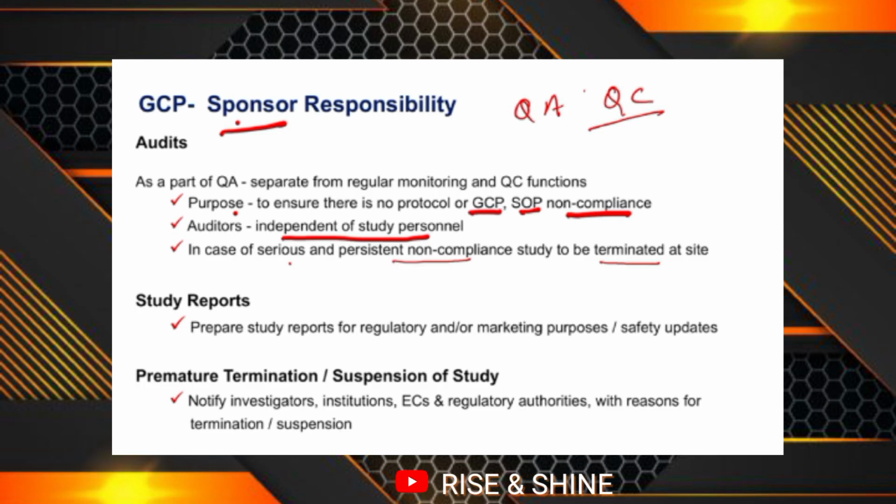There was one case of Pfizer long back, and they said that 50% of the participants in their study they withdrew because they had done an audit and found that the participating CRO was not compliant to GCP and SOP. How did they come to know? They came to know by the audit only. So then they took a decision that 50% of the trial participants they would be withdrawing.